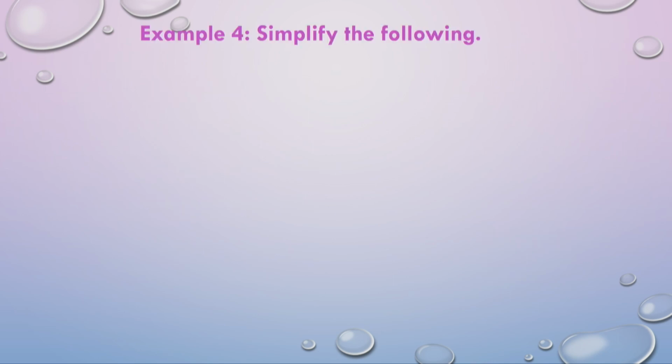Let us take one example. Simplify the following. So 4 power 5 divided by 4 power 2 will give me 4 to the power of 5 minus 2. That is 4 to the power of 3. 3 to the power of 7 divided by 3 power 4 will give me 3 raised to the power of 3.